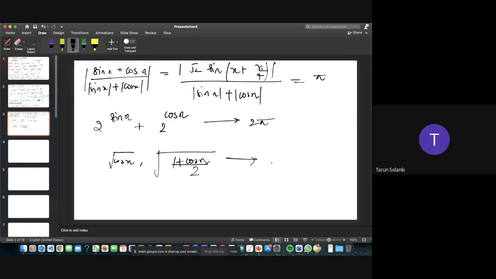This is important. So for this, it becomes 2 pi. So you can make a copy for this first.